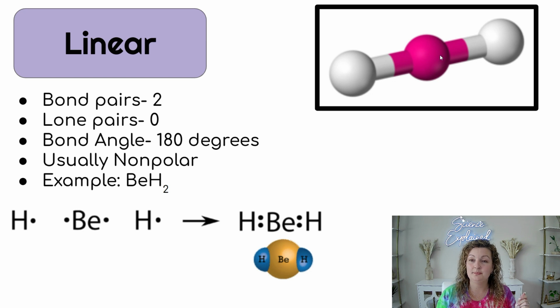So we can see the pink would be the Be, beryllium, and then the H, or the hydrogen, would be the white. And because our electrons are separating as far out as they can go, it's going to make that linear shape. Just like a helpful hint, anytime you see something flat, it's most likely going to be nonpolar. And this is a perfect example of this. These are usually going to be nonpolar, and it is at 180 degrees.